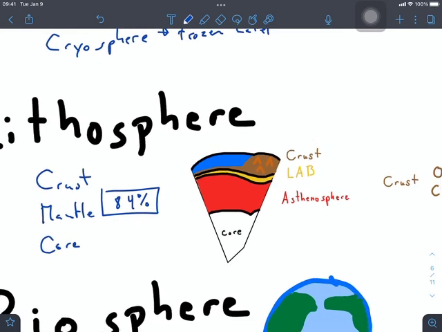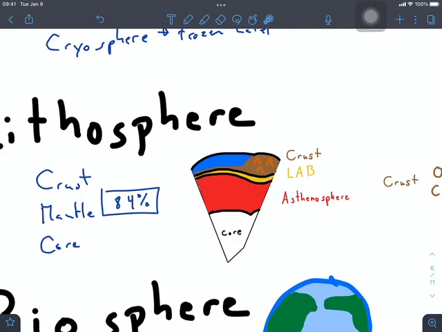Our planet and our lithosphere also can be broken down into other spheres in that mantle, most notably the asthenosphere, and a layer between the surface crust and the asthenosphere, the lithosphere-asthenosphere boundary.